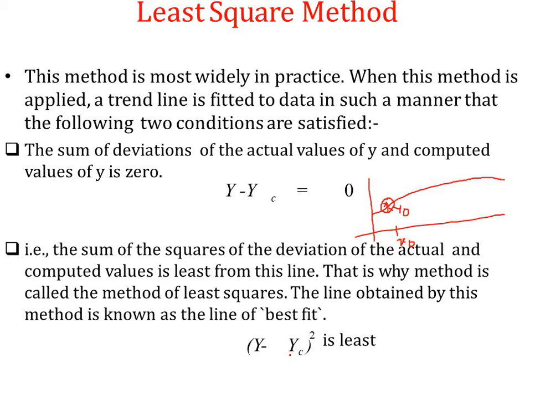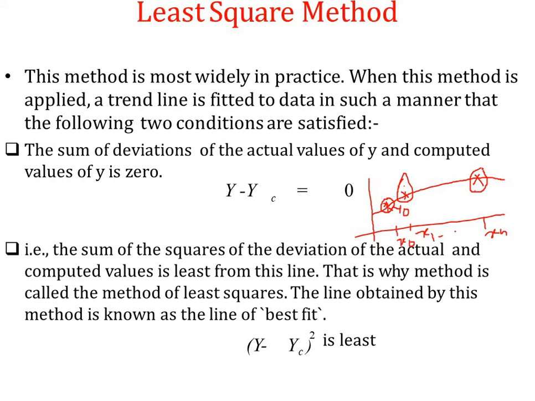Similarly, if I have points x1, x2 up to xn and corresponding values y1, y2 and yn, these are my actual values, and for every actual value I find a residual and then take the square of those residuals.